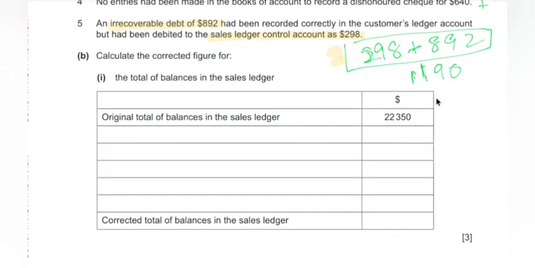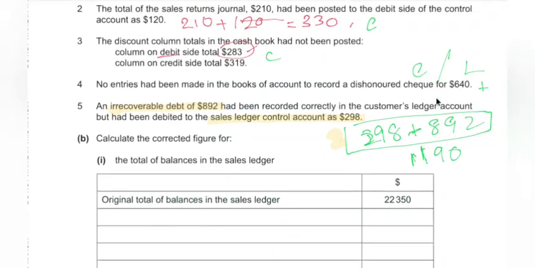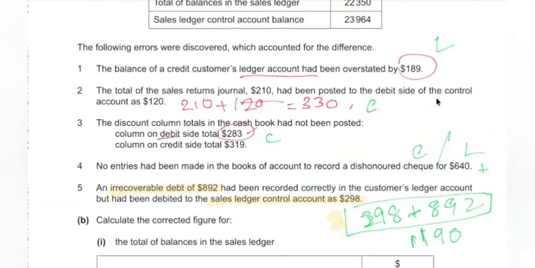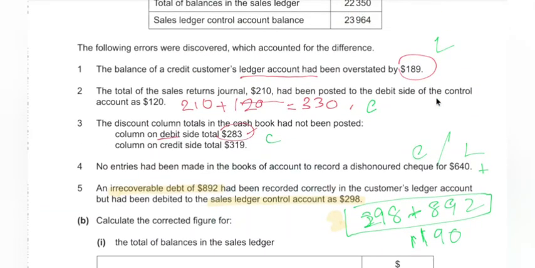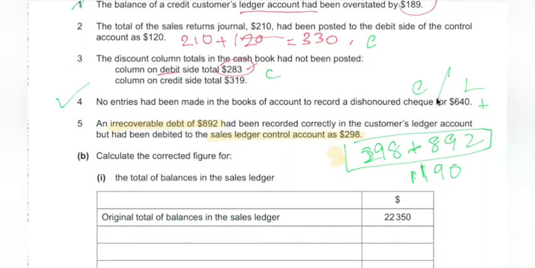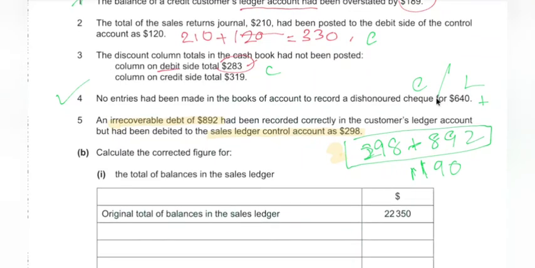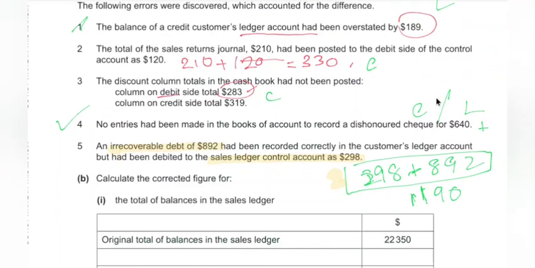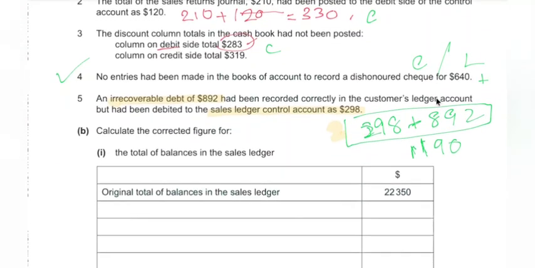So for the original total balance in sales ledger, for the sales ledger effect, we had our entry 1 and we had our entry 4. So the sales ledger balance was first being reduced because the customer was overstated by 189.